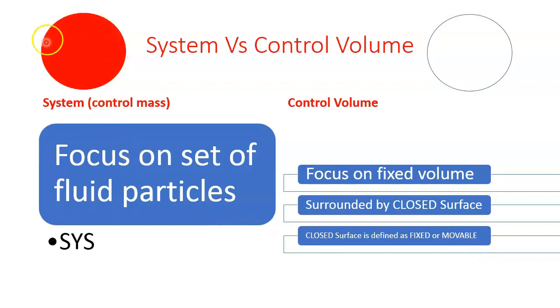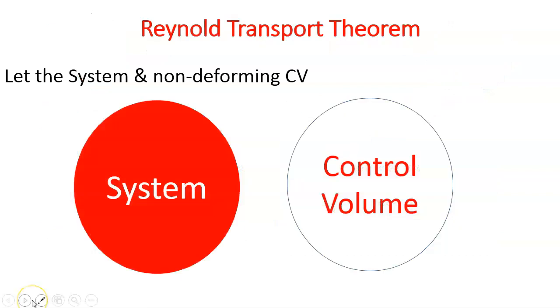So here system that contains fluid particles, matter, mass, we are representing by red balloon, and control volume, which is fixed space, is identified by the territory of this blue line. Let the system be represented like this by the red balloon, and we shall consider control volume non-deforming. It means that as a function of time, this control volume is not undergoing any deformation.